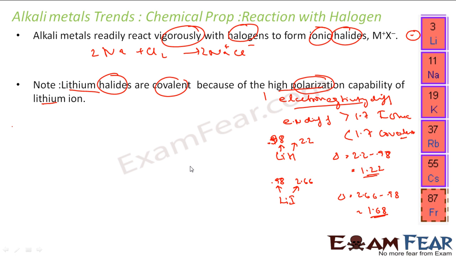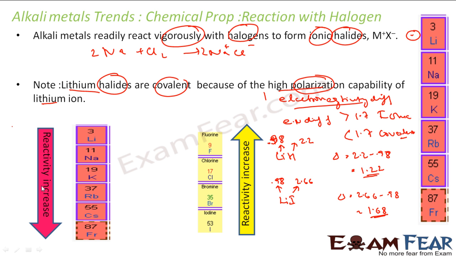Correct? And if you see the general trend of reactivity, as we have discussed a lot, if you go down group 1, the reactivity increases because the size of the atom increases. But in the case of the halogens, it's the other way around. If you go down the group, the reactivity decreases because these are electron pullers.